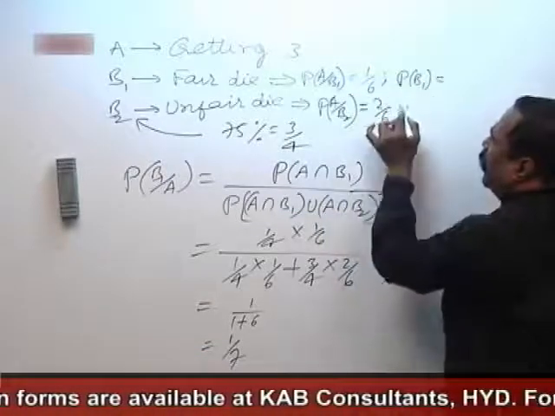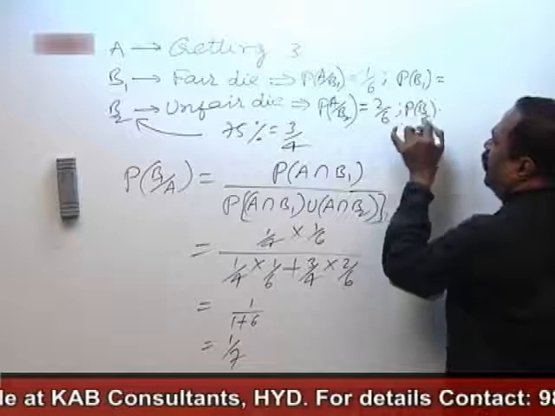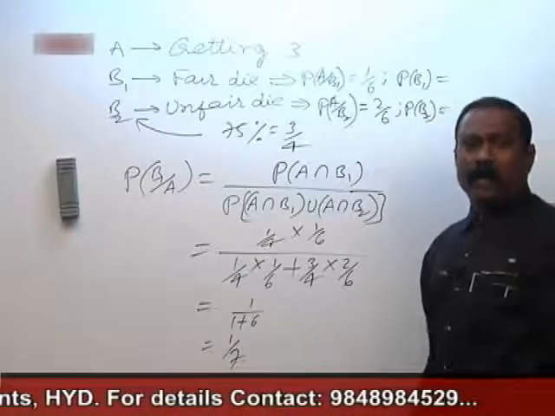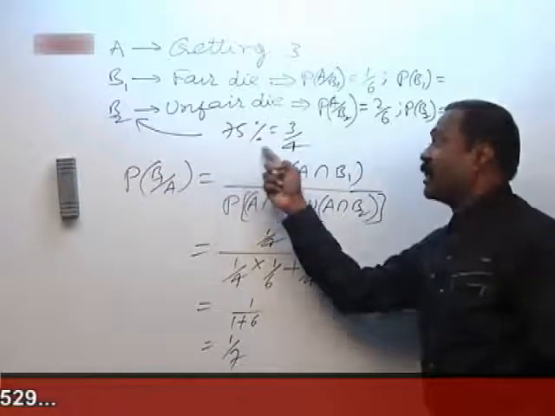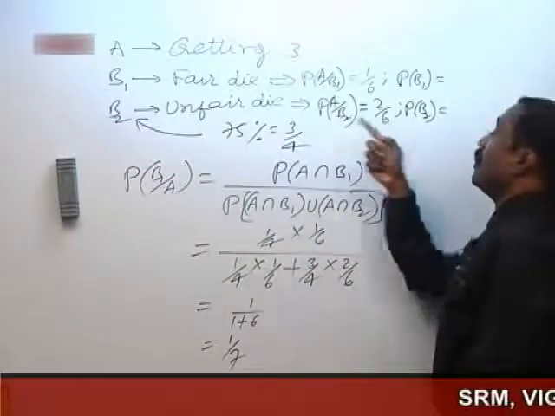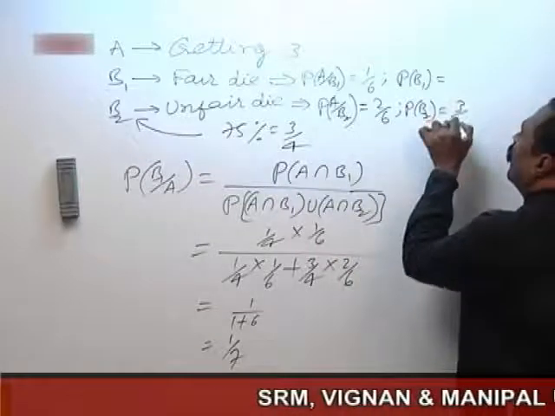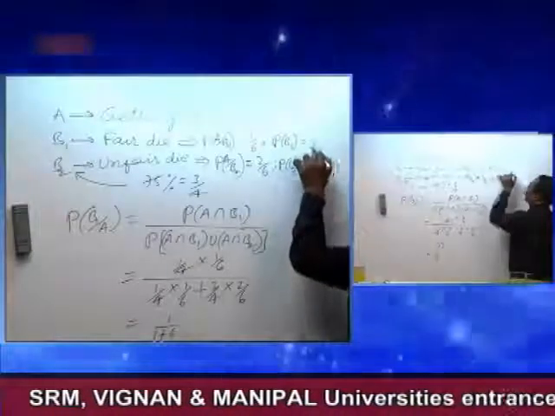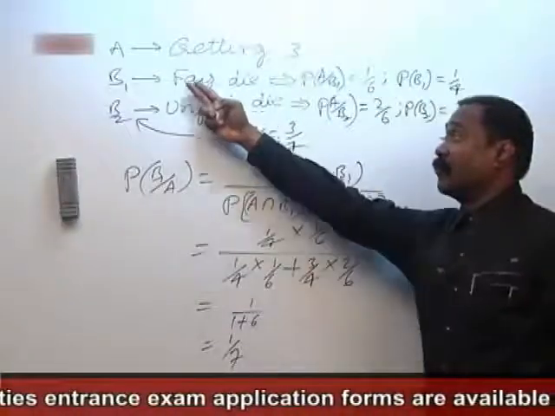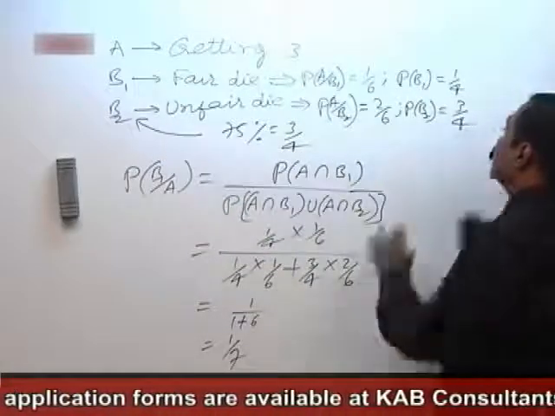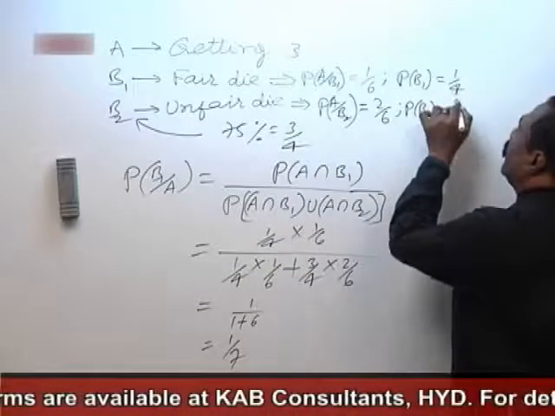And what is the probability of picking up B2? It is given that due to some magnetic attraction it has 75% chances. So 75 by 100 is nothing but 3 by 4. When it has 3 by 4 chances, it will have 1 by 4 for B1, obviously, because only two exhaustive events are there, B1 and B2, and the sum should be 1.